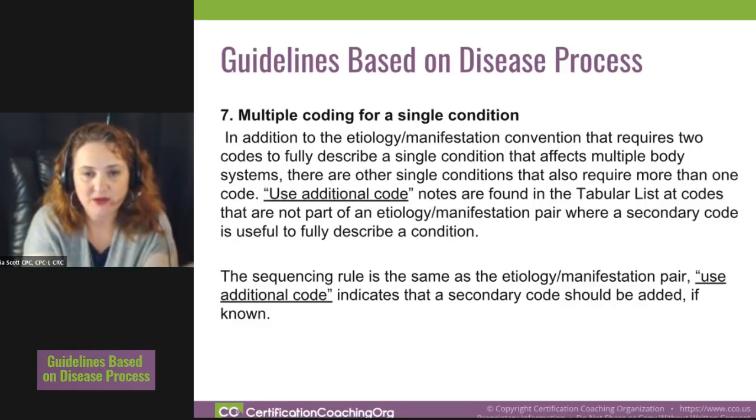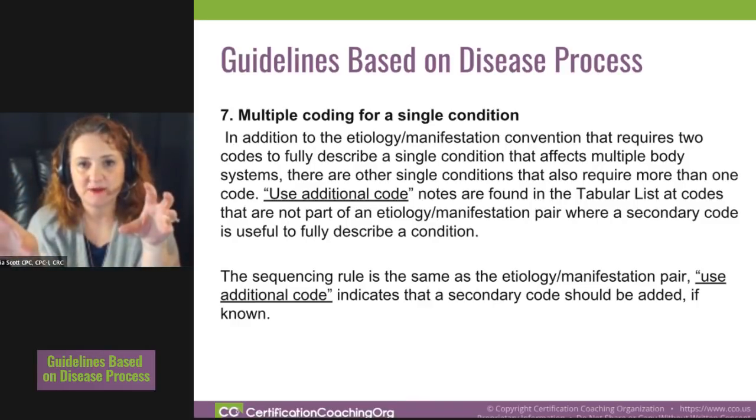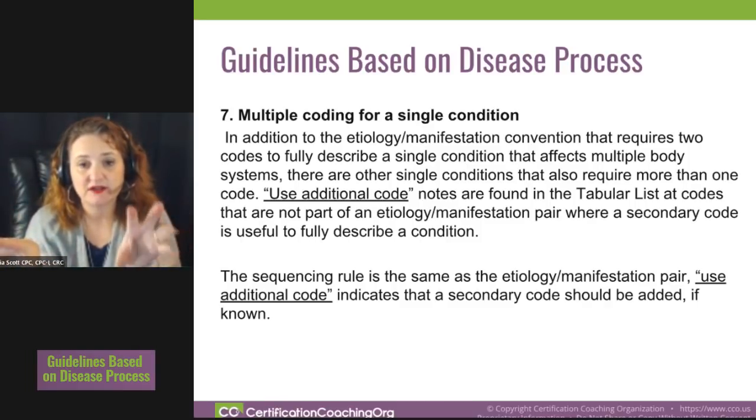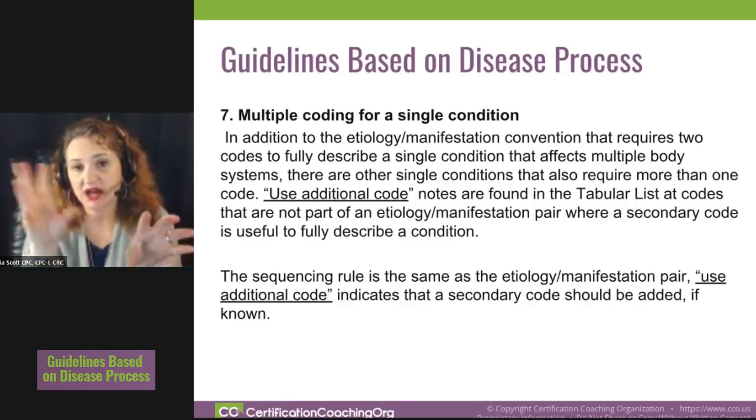Why do we do it that way? Because of the disease process. Would the patient have had CKD if they weren't diabetic? No, because CKD is a renal manifestation very common with patients that have diabetes, as well as other manifestations.